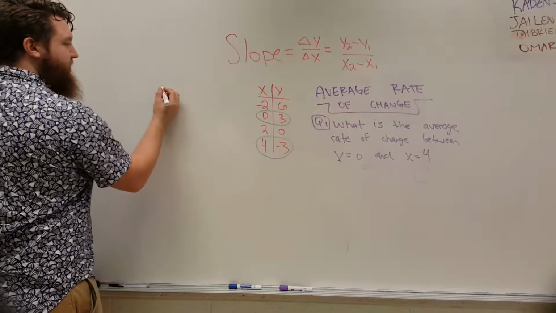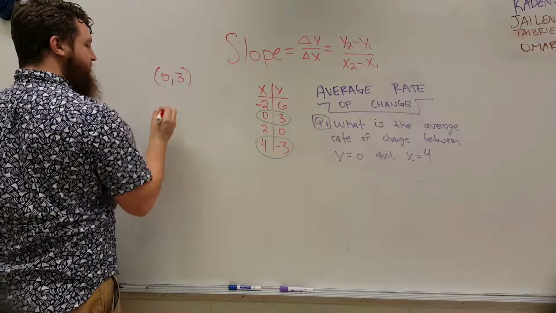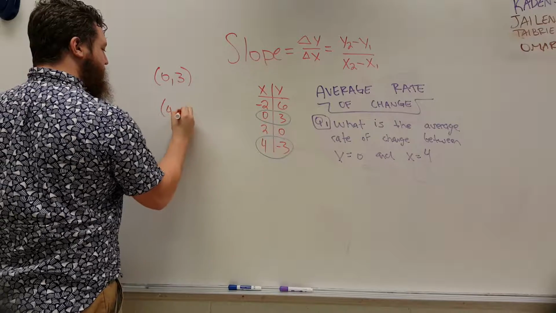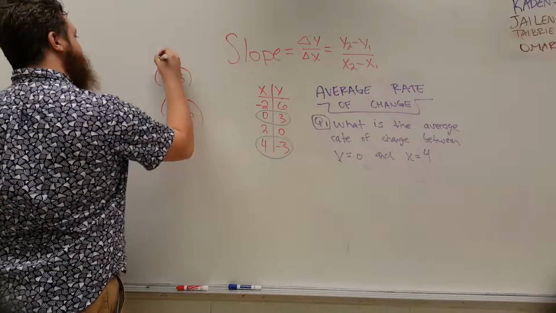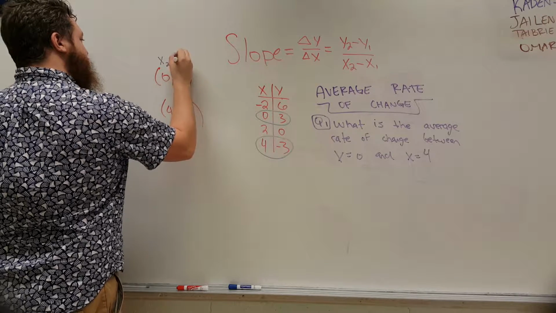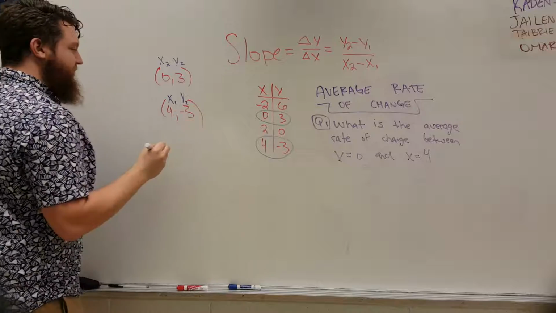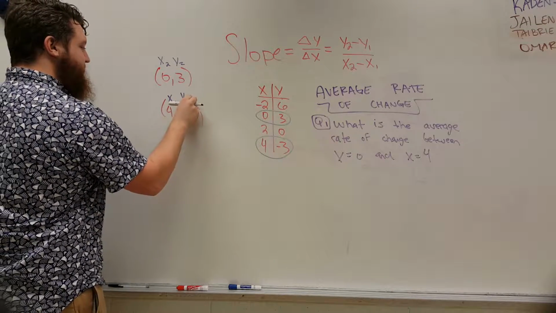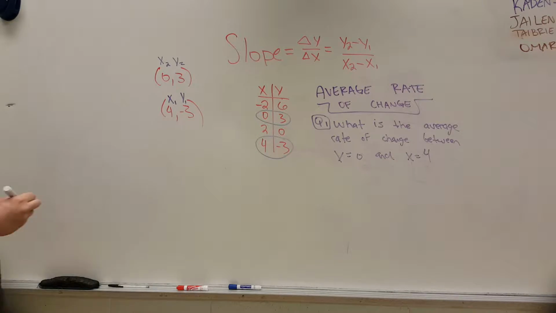So I'm going to plug in 0, 3, and 4, negative 3. And those are my x2, y2, x1, y1. Again, it doesn't matter which way I label them. Okay? And now I just plug into my equation.